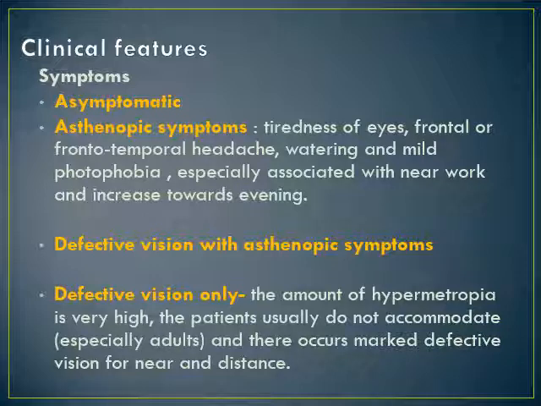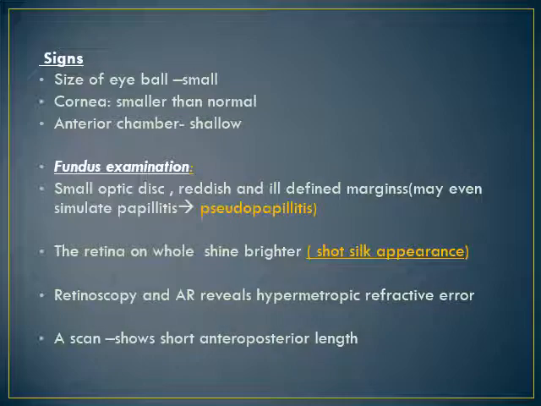And lastly, there may be defective vision only, without any asthenopic symptoms. When the amount of hypermetropia is very high, patients usually do not accommodate, especially adults. This occurs with relatively marked defective vision for near and distance. So the amount of hypermetropia is very high, it cannot be corrected by accommodation, and is seen in adults.